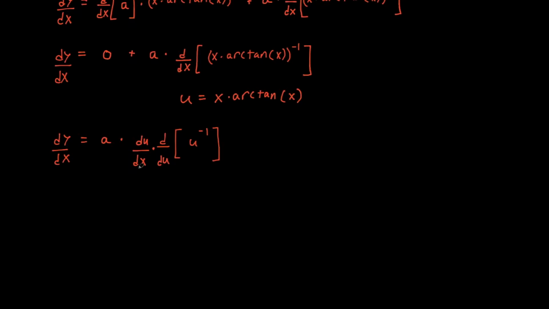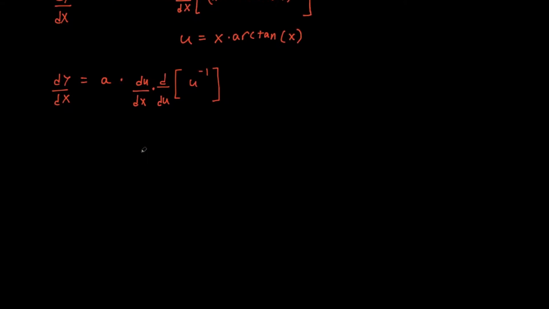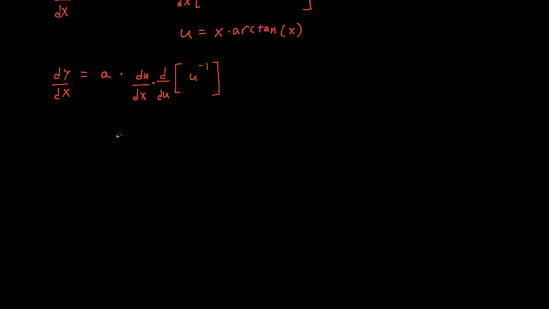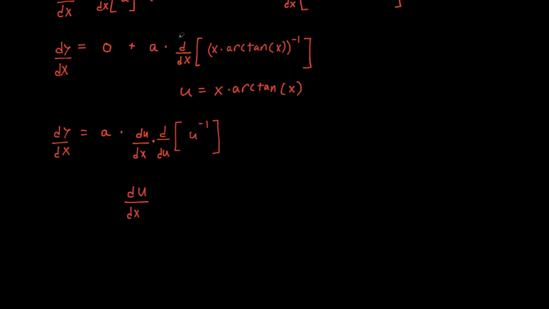So in order to sort out what du dx is, that's a fairly involved process, so I'll just indent here to keep it separate from the main equation. I took the derivative with respect to x of both sides, so we get du dx equals d dx of x times arctangent of x.